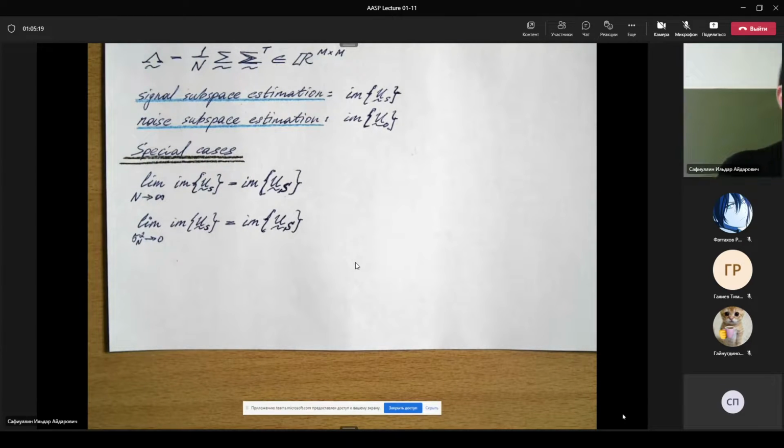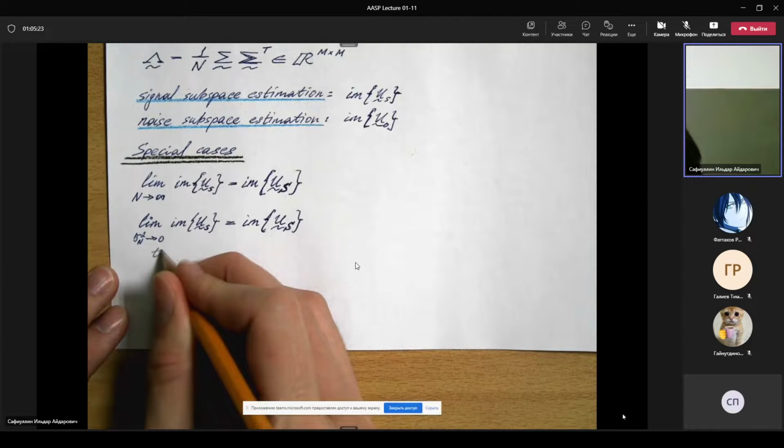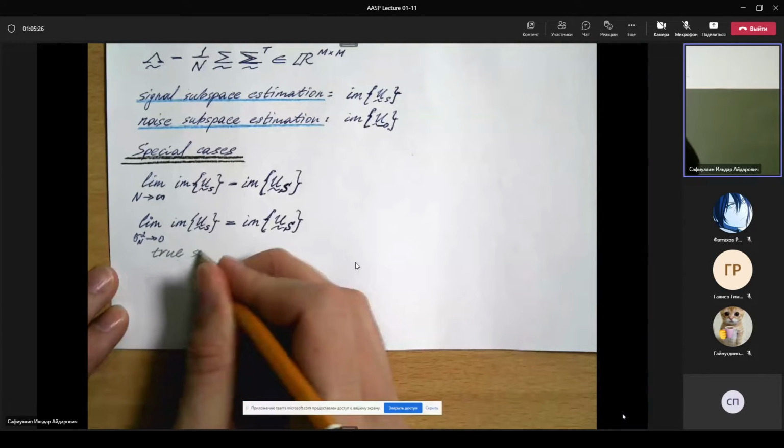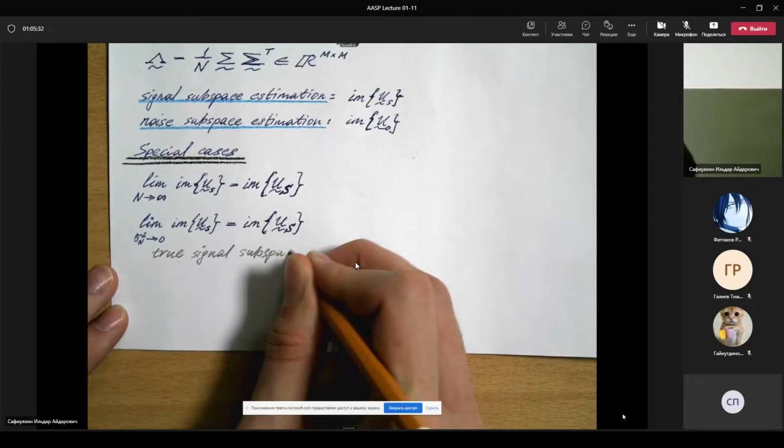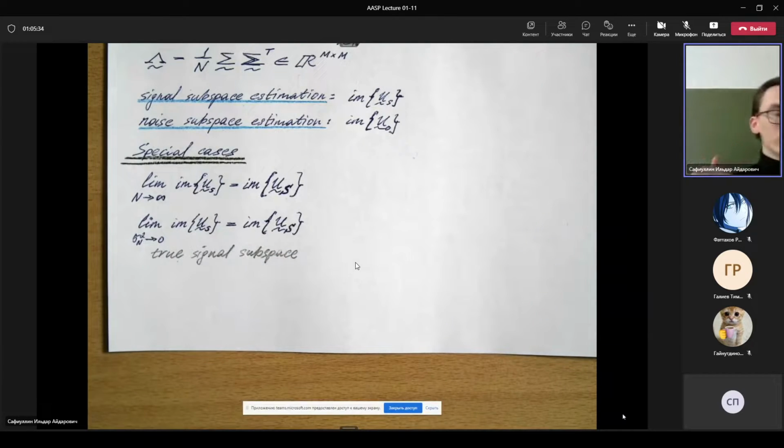So this one is the true signal subspace. Let's indicate true signal subspace. These are two interesting special cases. And in the following way, we can write down the same thing, but for the true noise subspace.